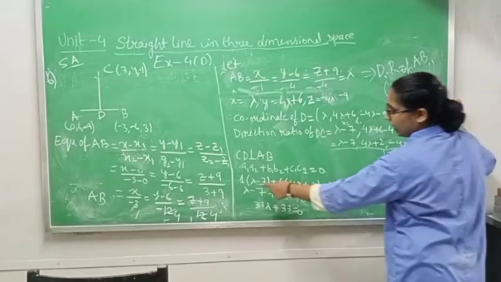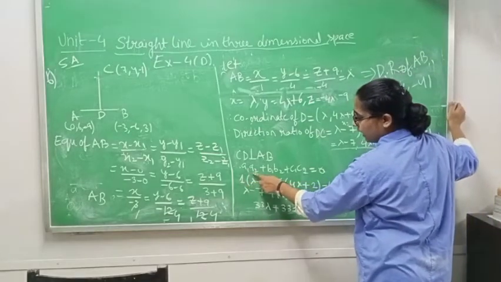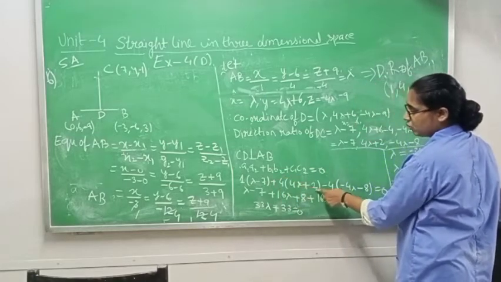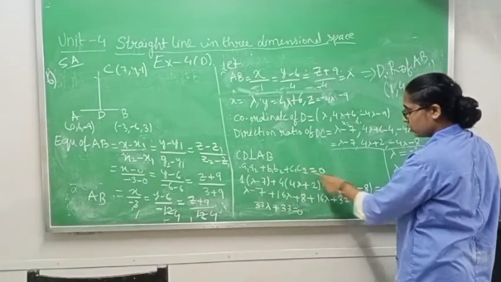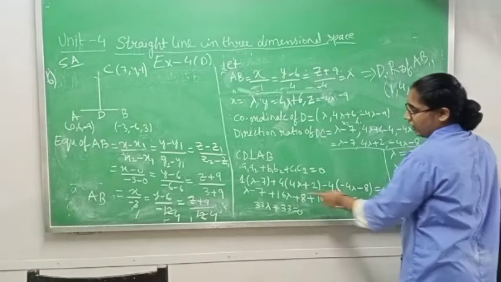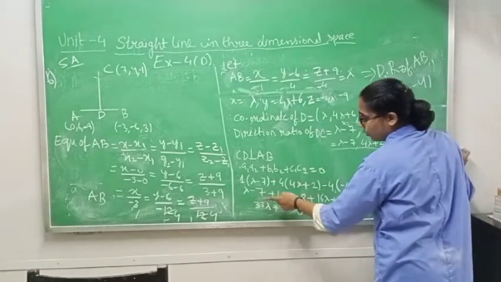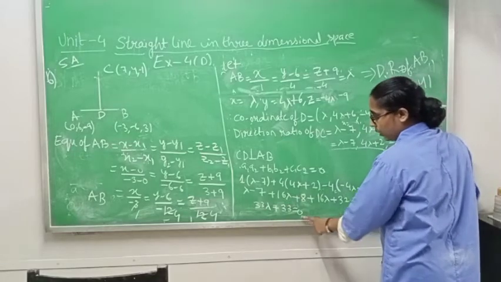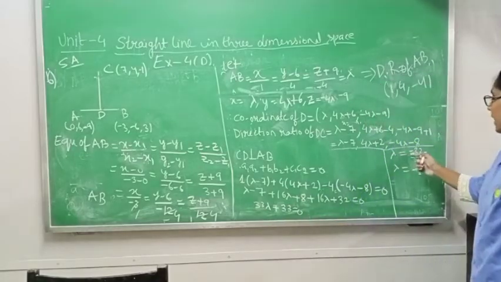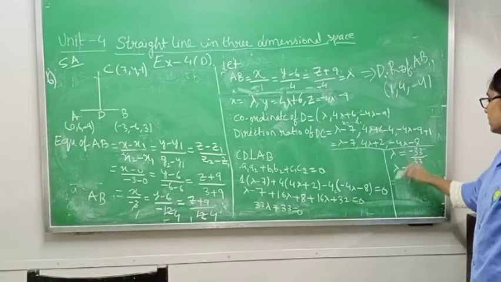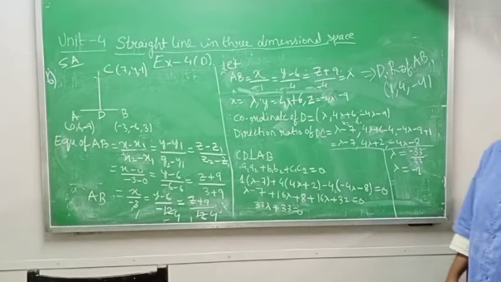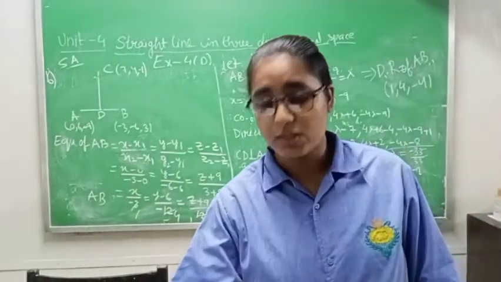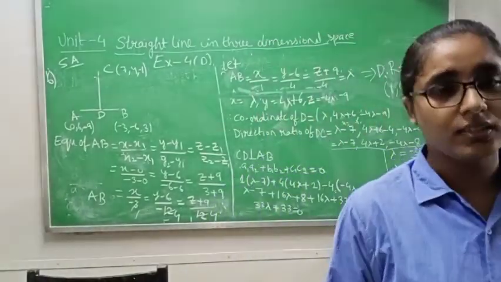Then you can put A1 is 1, A2 is lambda minus 7, B1 is 4, B2 is 4 lambda plus 2, C1 is minus 4, C2 is minus 4 lambda minus 8. When you open the bracket and add and subtract, you will get 33 lambda plus 33 equals 0. Lambda equals minus 33 by 33, so you will get lambda value minus 1. Now you have to find the coordinate of D as well as the equation of CD.